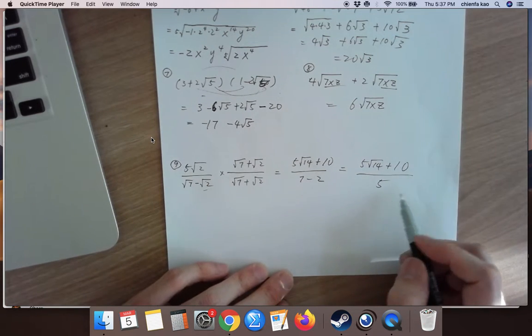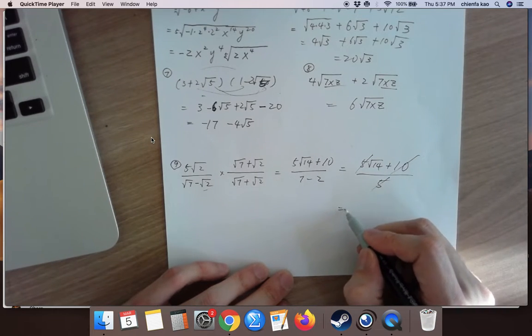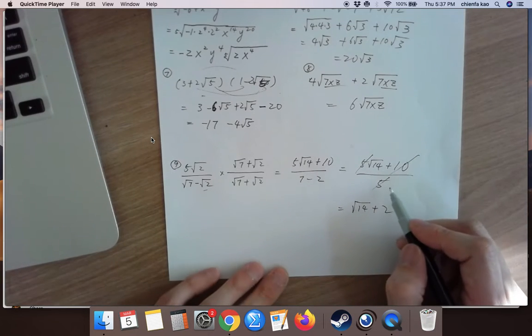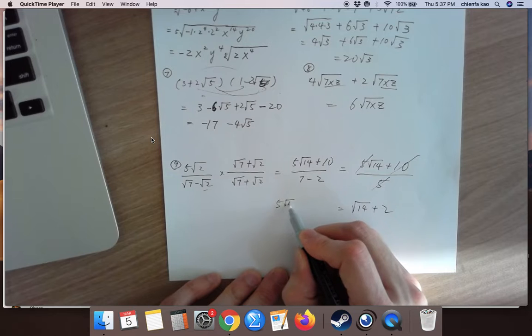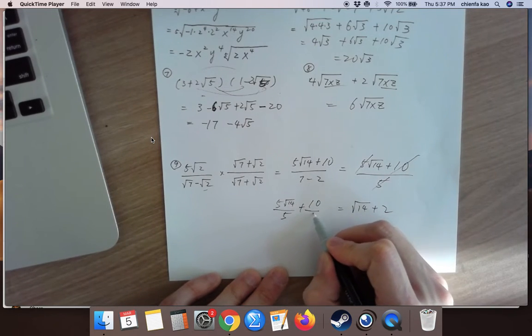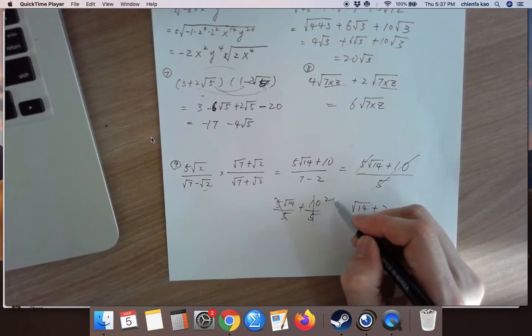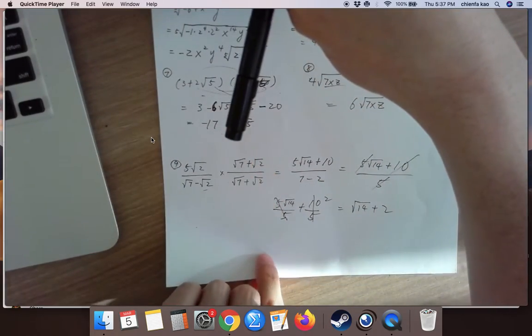All right. For those who can simplify faster, the answer becomes root 14 plus 2. For those who want to do it a little bit slower, that's fine. Just turn this into 5 root 14 over 5 plus 10 over 5. That's the same. That goes away. That becomes 2. Same answer. Okay. All right. Next page.